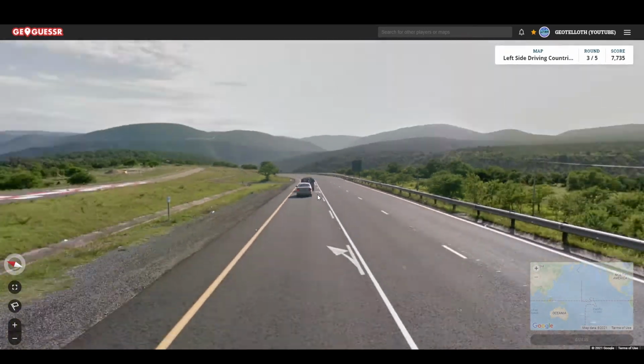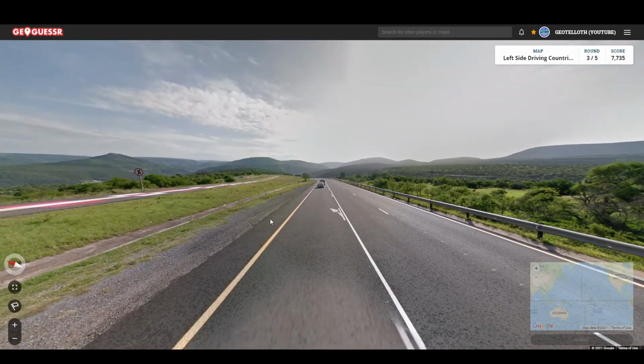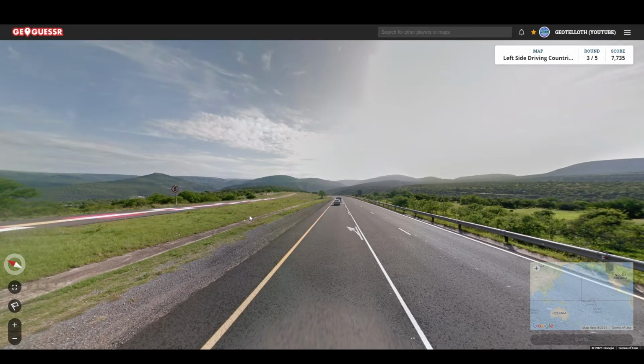Right, so driving on the left, of course. I don't know why I need to say that each time. This is an interesting one because I'm not 100% sure straight away looking at it, but I think we're in South Africa. So to explain, if you go to my road markings video, the Learn GeoGuessr video prior to this, I talked about how South Africa, Botswana, Lesotho, and Eswatini all have yellow edge road markings and drive on the left, and those are distinctive features of those countries.